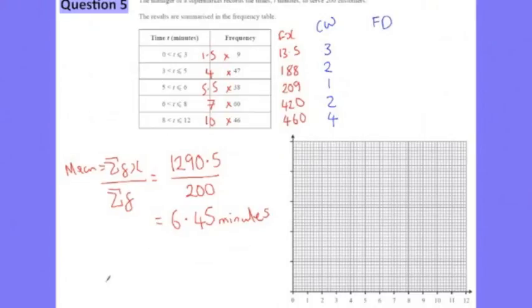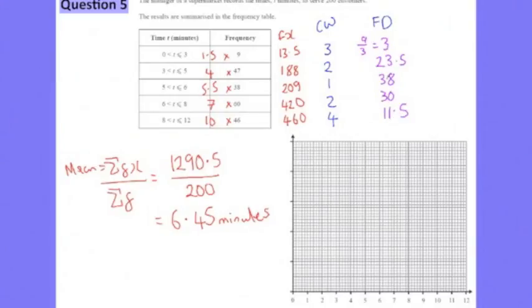So our first one here will be 9 divided by 3, which is 3. Then our frequency, 47 divided by 2, 23.5.